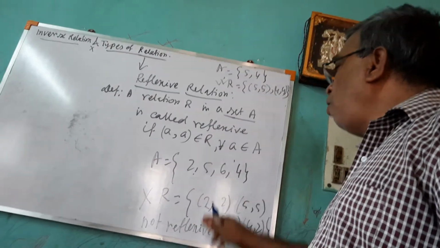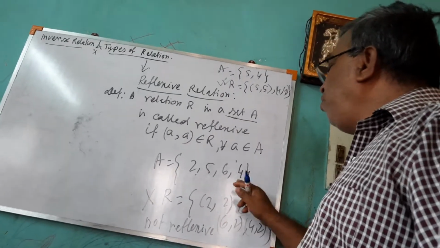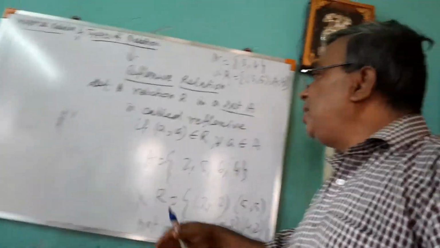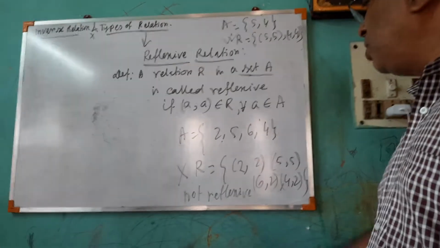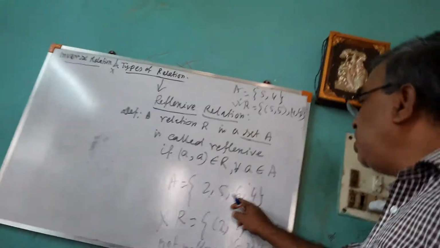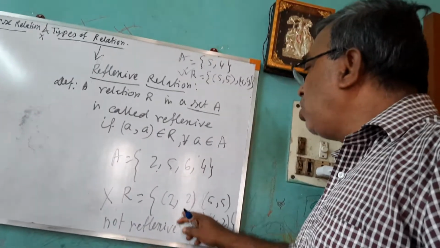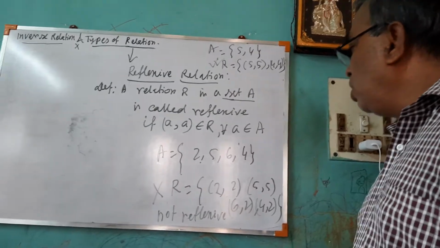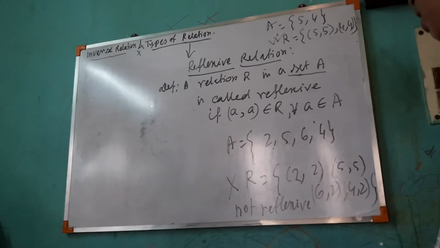So if (2,2), (5,5), (6,6), (4,4) are in R, then you can say it is reflexive. But in this relation it is not reflexive, because 6 is in A but (6,6) is not in R. Similarly, 4 is in A but (4,4) is not in R. So this is not reflexive.